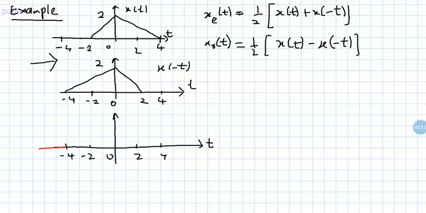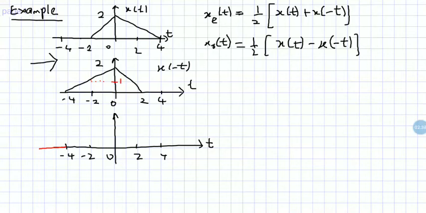And then from -4 until -2, we see that x(t) has 0 values, but for x(-t) we have an increasing value from 0 to here. So this point is approximately 1.